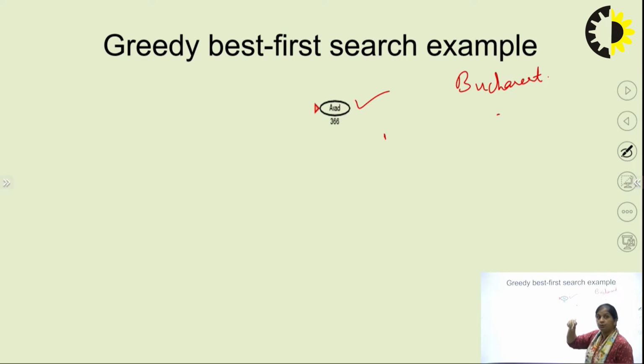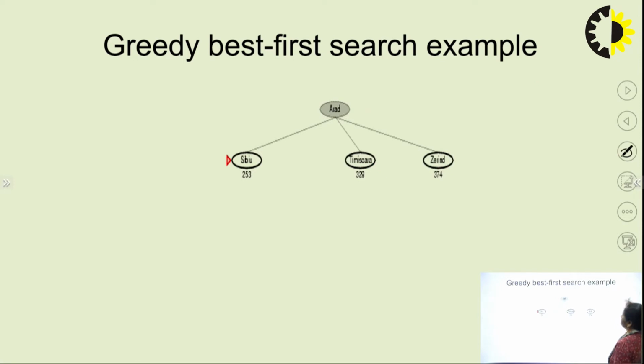So I need to explore it, and then move towards the goal state using greedy best first search. When I start from Arad, I have the straight line distance, as we have seen on the last slide, 366. Because we have only one node, we need to expand it.